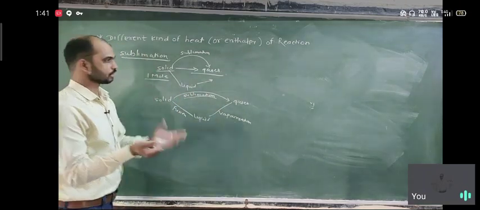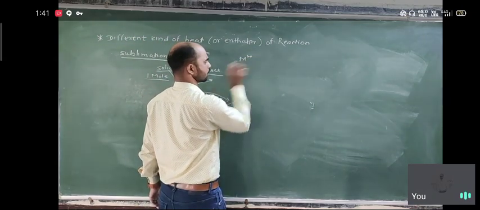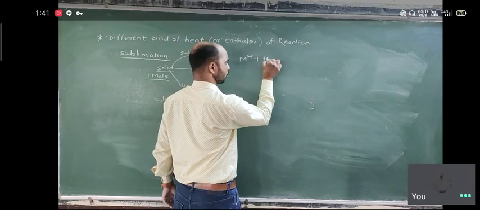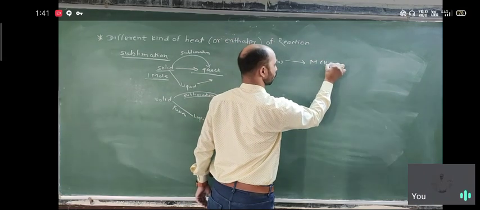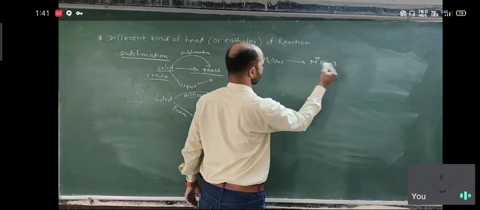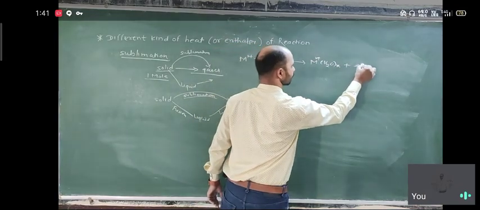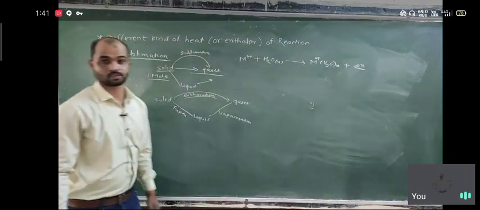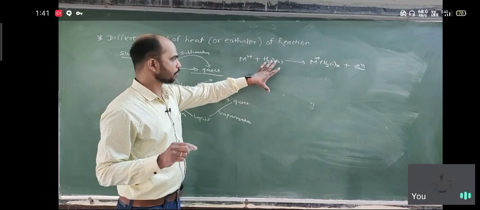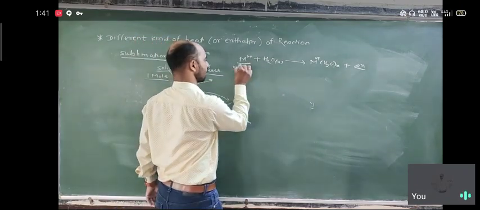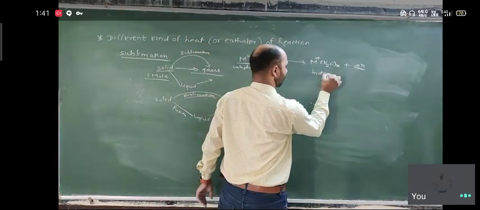And what is the heat of hydration? Suppose any metal is present in isolated gaseous state, with M^(n+) as the oxidation state. Here x number of H2O are present. It converts into M(H2O)x^(n+), any oxidation state, where x number of waters are attached. That time the change in energy, the energy released, is the heat of hydration. When any solid, which is anhydrous, combines with the required number of water, it converts into hydrous form.